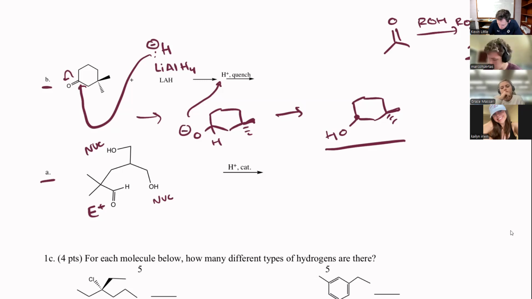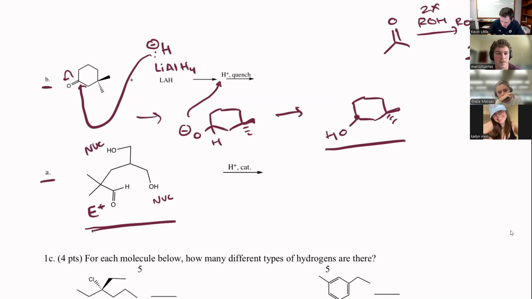So if we know that forms an acetal, we know that two of these have to add to form our acetal. What do you think is going to add to form this acetal? What do you think we're going to get here? What's going to happen? We're going to have another ring. We're going to have to form a ring.